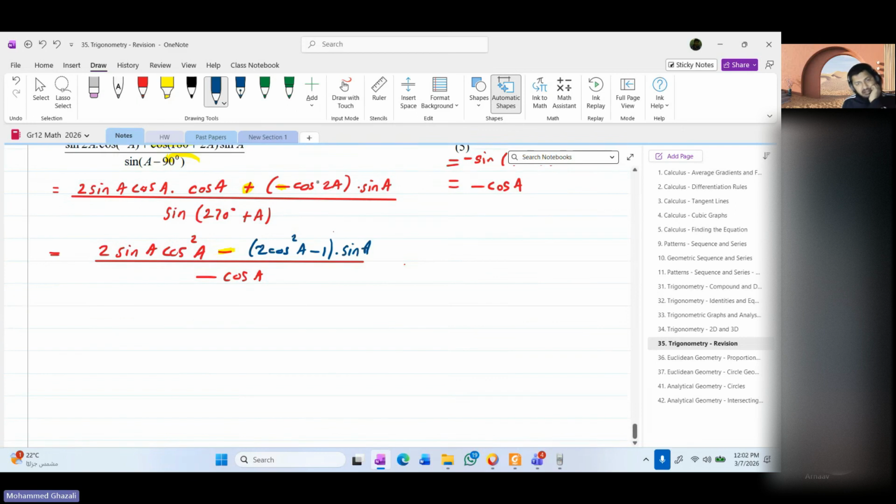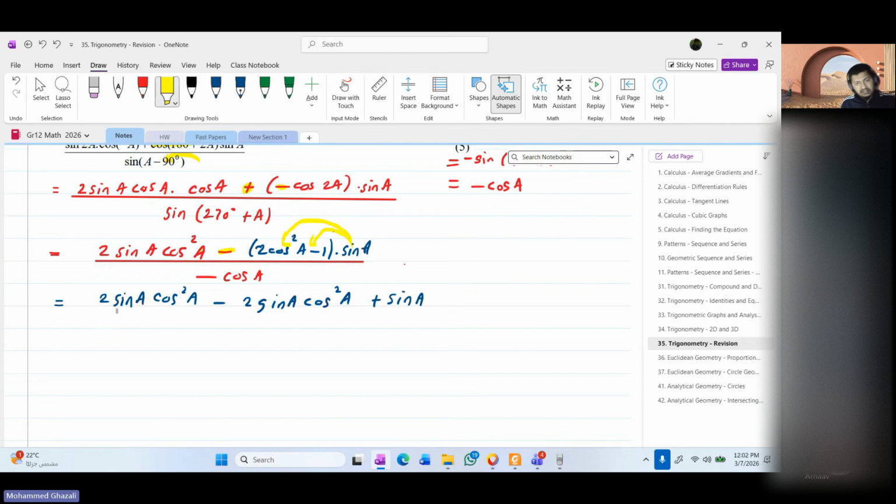Right, so it's advisable to write it like this. Why? Because I already have a cos squared here, so I can factor it out. 2 sine a cos squared a minus 2 sine a cos squared a again, because I'm taking this inside and multiplying by this. Don't forget the minus as well. And then I have minus sine a times minus 1, so plus sine a.